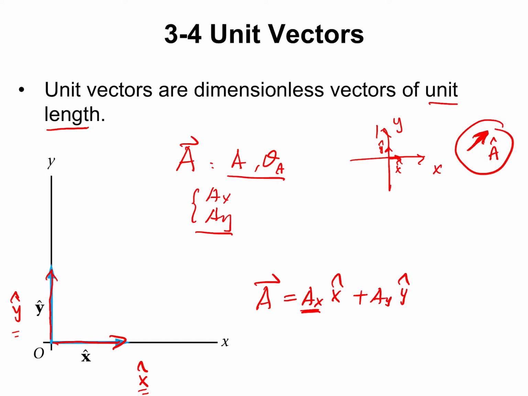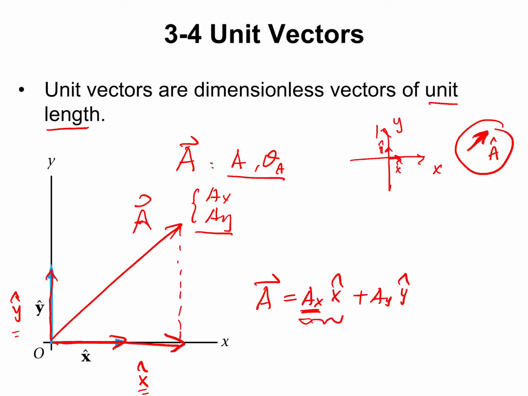Unit vector gives you only direction. The length of a unit vector is 1. Basically, these two terms put together give this vector.